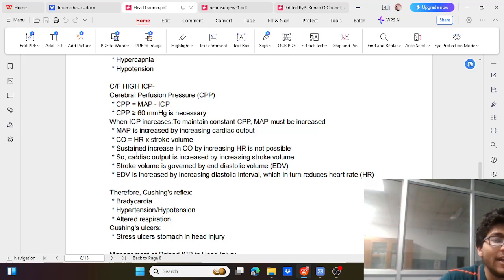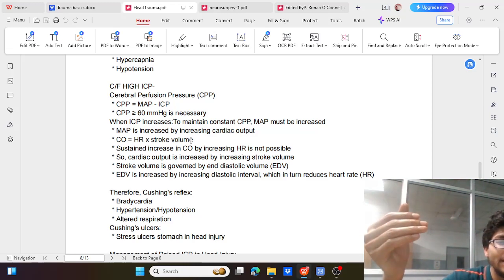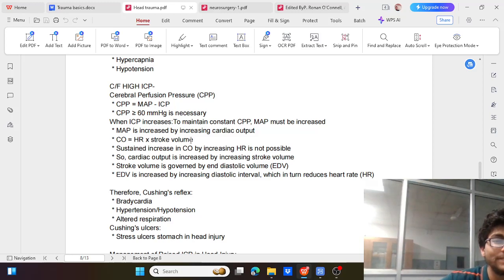Since the heart rate cannot be raised continuously for a long time, the stroke volume is increased with the help of increasing the time of diastole. When we increase the time of diastole, there will be bradycardia.